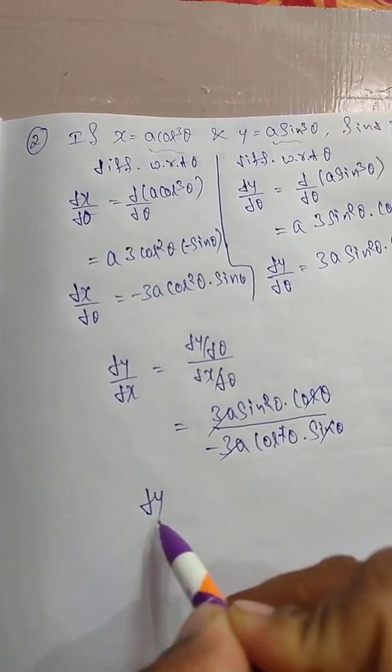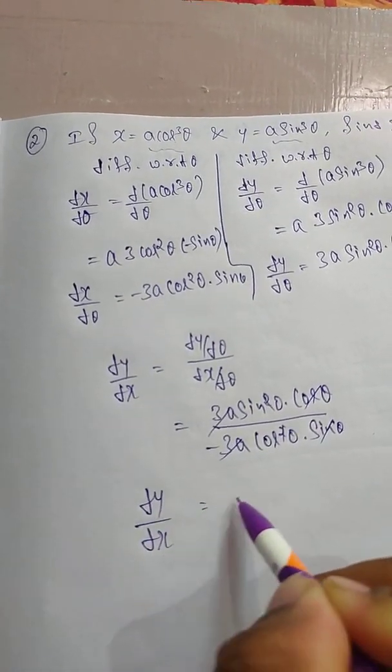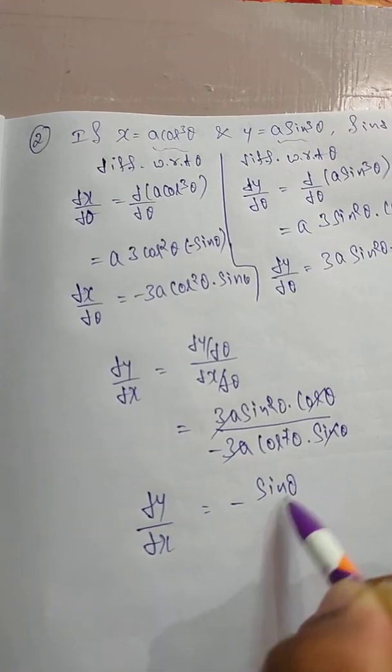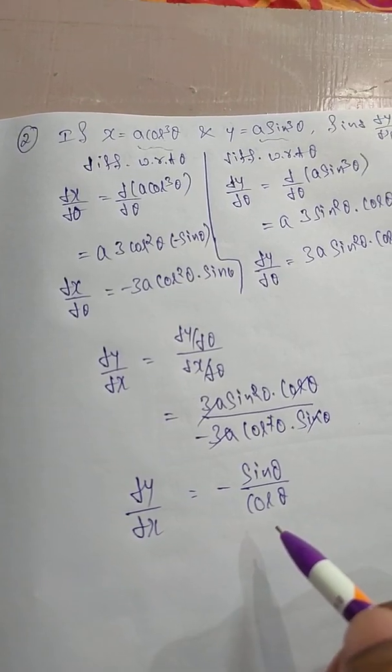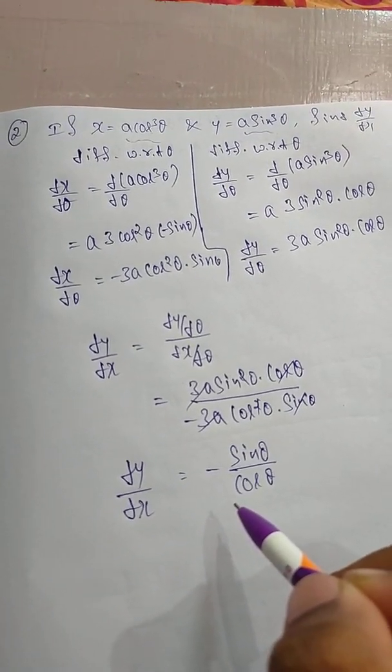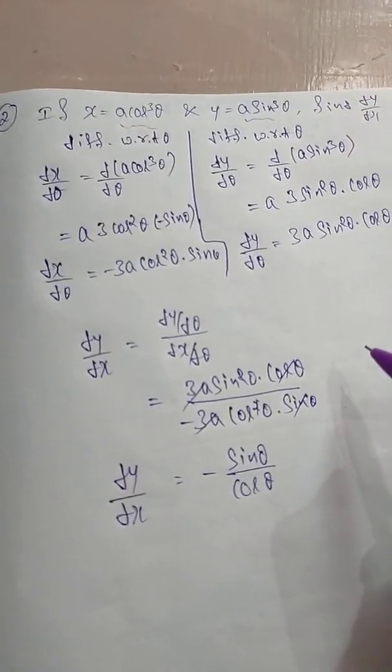Then what are we left with? dy by dx is equal to minus sin theta in the numerator, in the denominator cos theta. So this is the problem. Is it clear? Is it okay? This is for 3 marks.